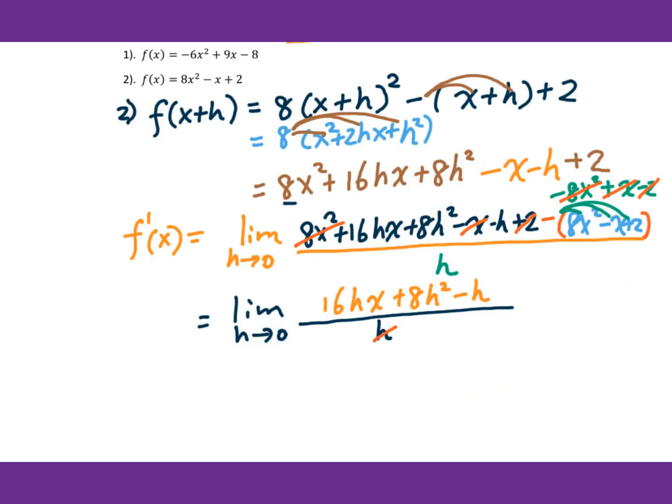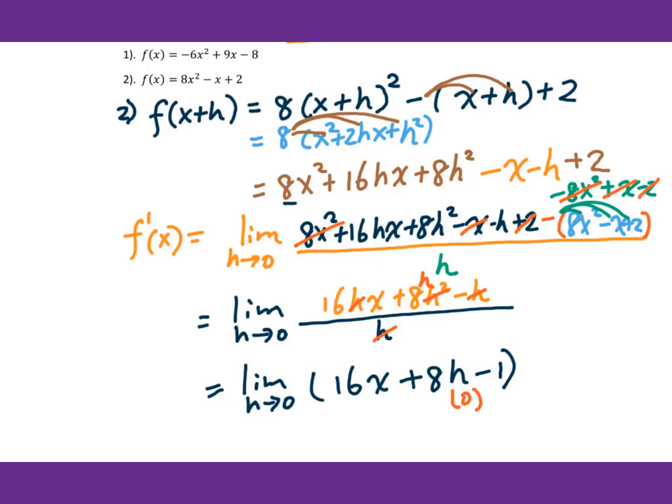Now we reduce. We got limit as h approaches 0, 16x plus 8h minus 1. Then we do operation of this limit. We plug h equal to 0 for this expression. This will be 0. Therefore, we got 16x minus 1 will be the derivative for number 2.